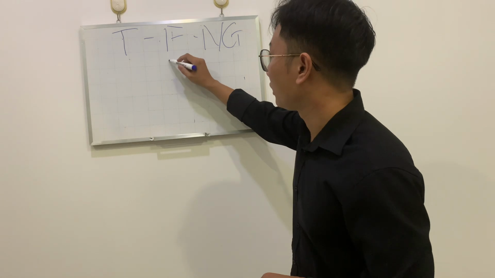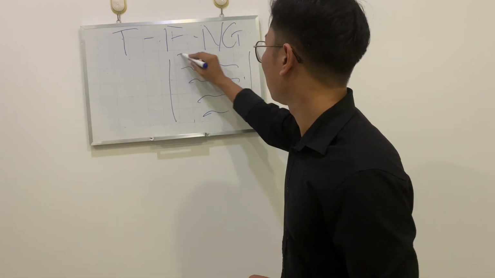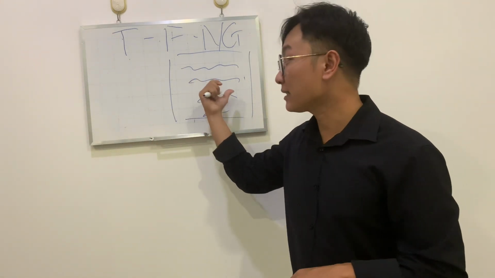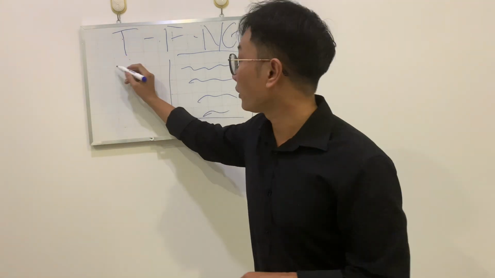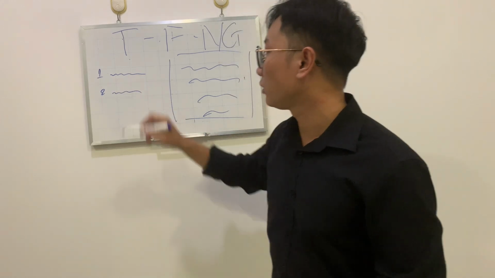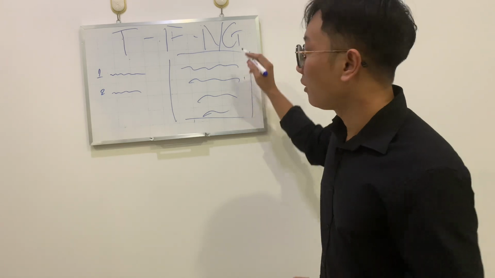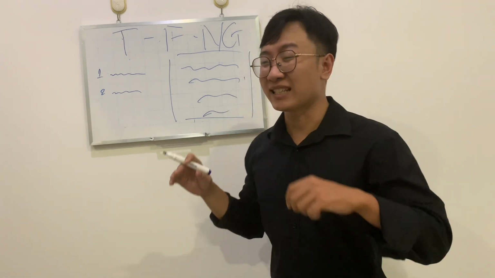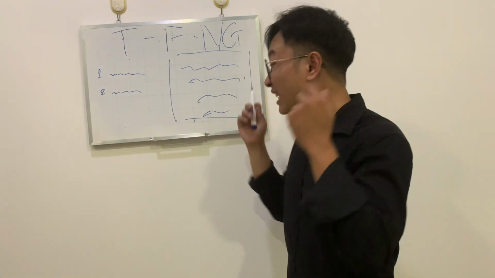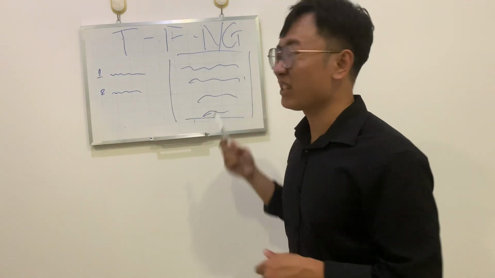So imagine you guys have a text here. You have to read the text and answer questions, for example question number 1 and question number 2. So read the text, find a piece of information that is similar to the question, and then try to figure out if the question is true, false, or not given.